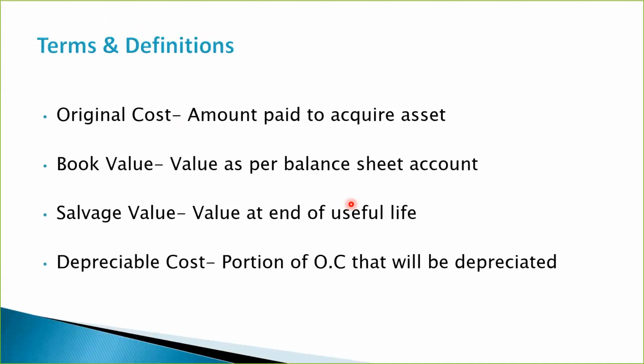So let's start with the original cost, and this is the amount that is paid to acquire the asset. For example, if the asset we're talking about is a car, this is the money that you pay at the dealership or where you purchase the vehicle, or the money that you pay to maybe the manufacturer of a particular machine, and so on, right? So that is the original cost.